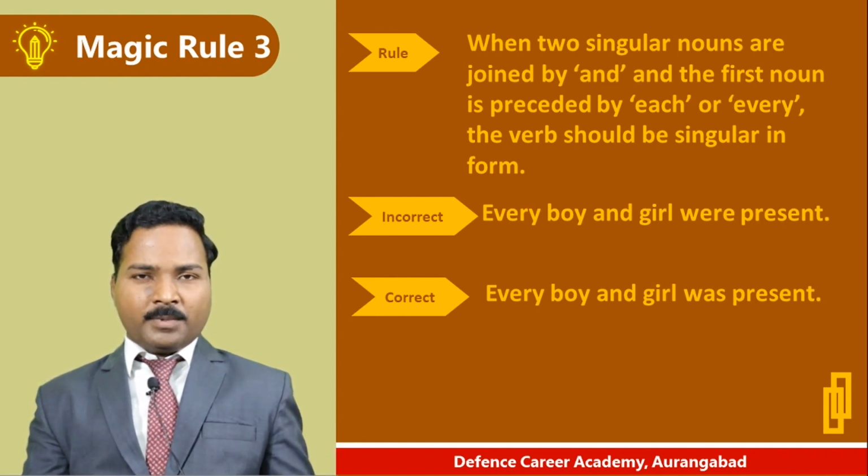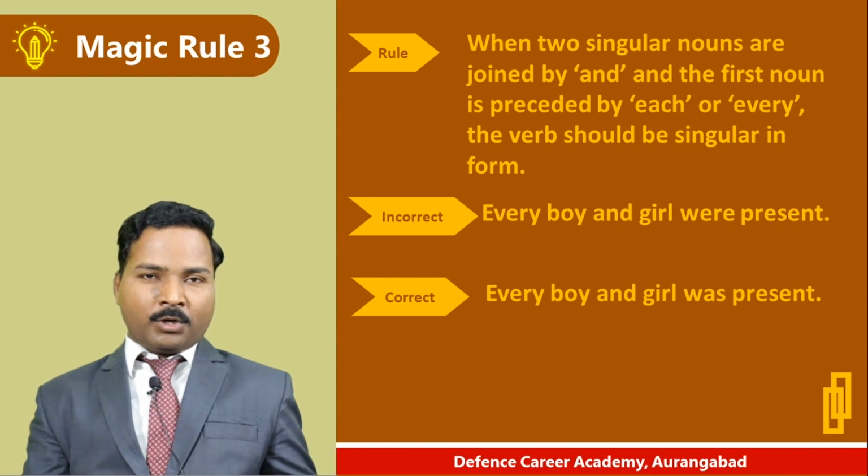So there are so many topics on which spotting error questions are asked, but verb is the most important topic of them all. I analyzed the previous 30 question papers, and based on all those papers, I found that verb is the most important topic as far as spotting errors is concerned.